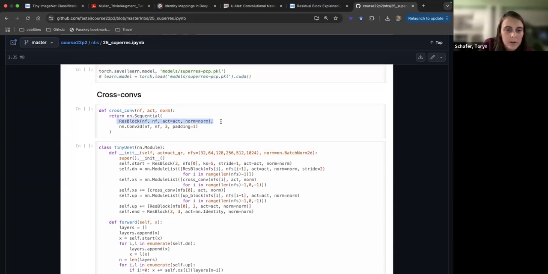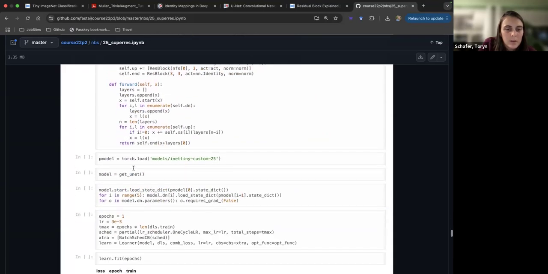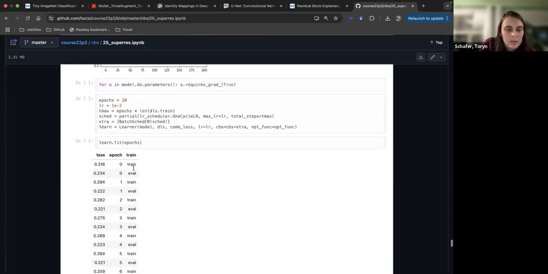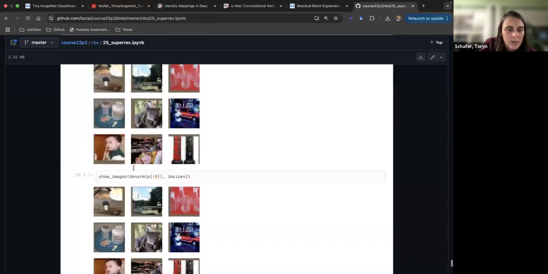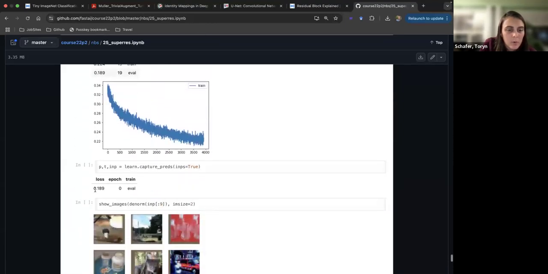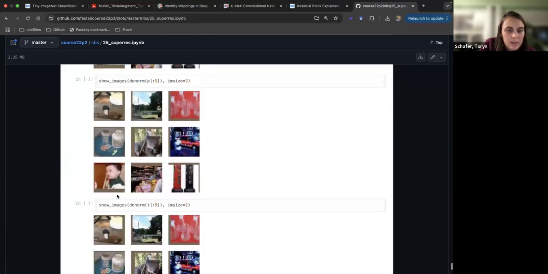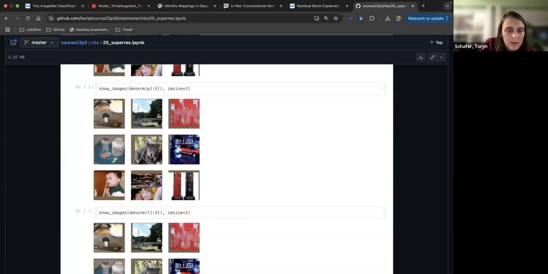We just have a res block, then we have the convolution of the res block. I apologize, I went over time. This one gets to 0.189. And look, I got an eyeball. Great.